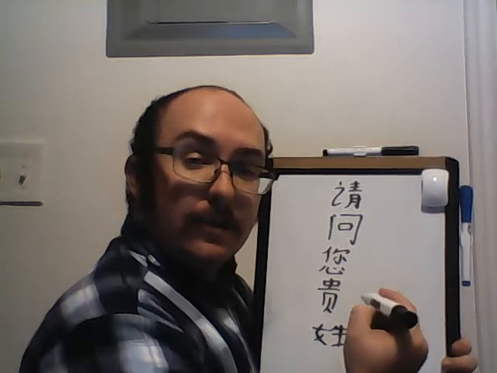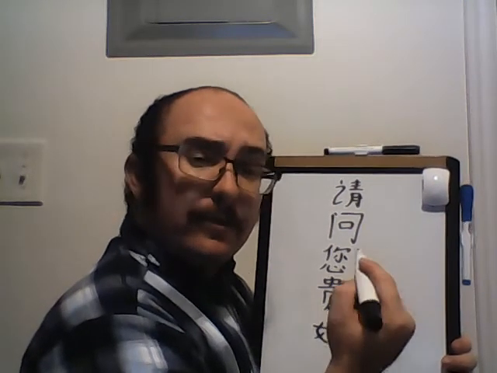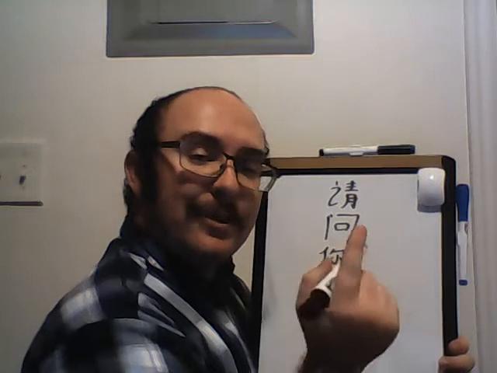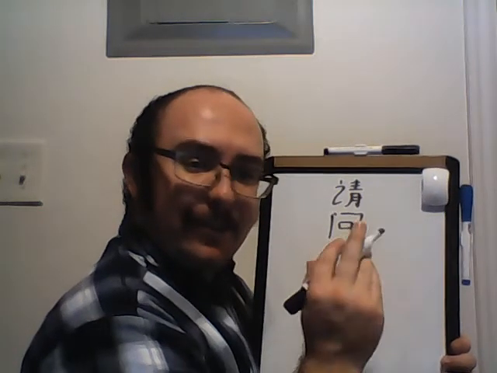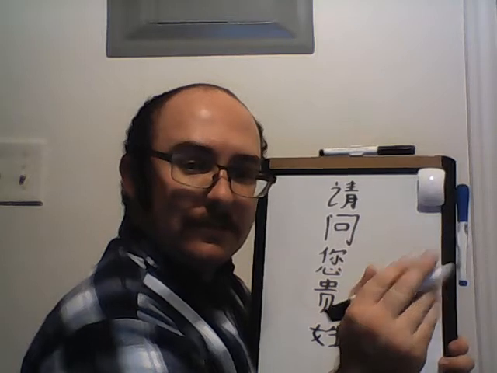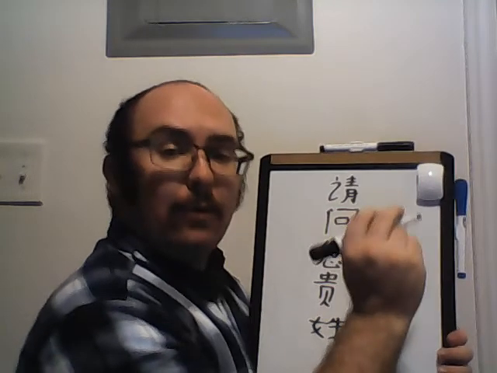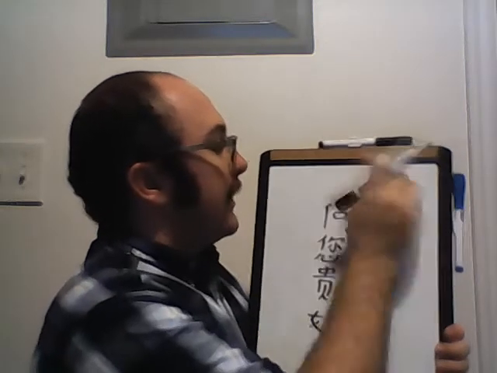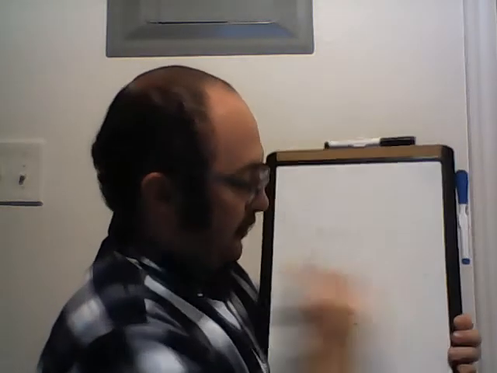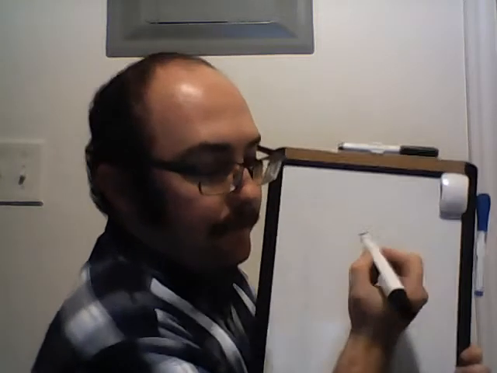Saying it wrong will, depending on how, make you sound either weird or disrespectful, and you don't want to seem like either one. So, 请问您贵姓? You can't practice that too much. It's very important you say that correctly.